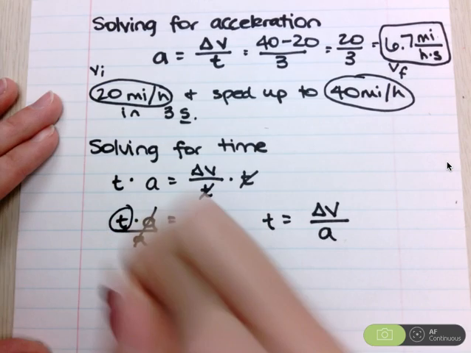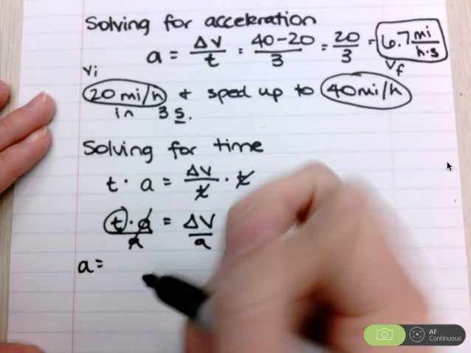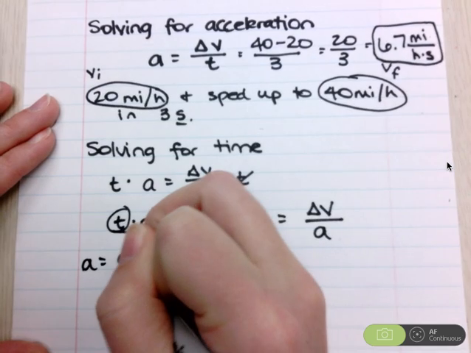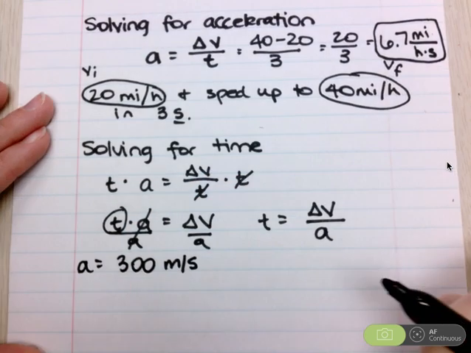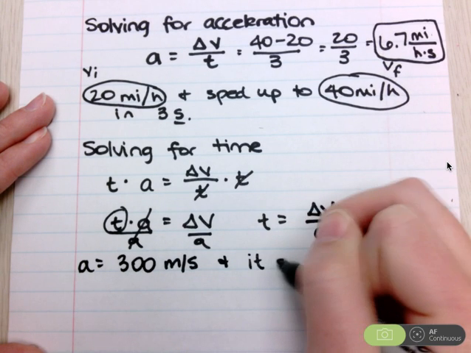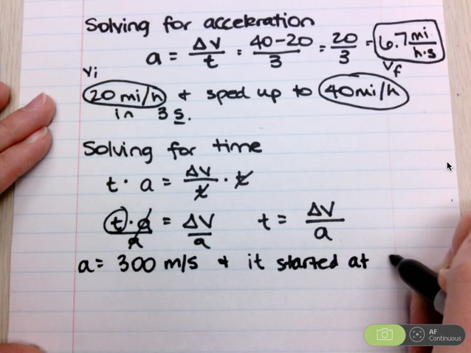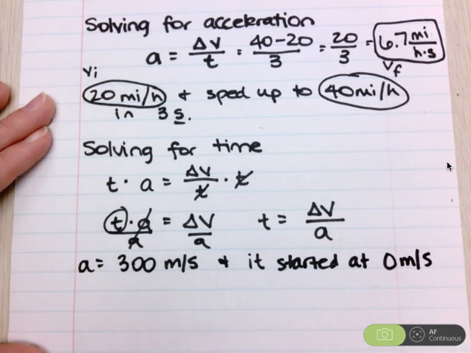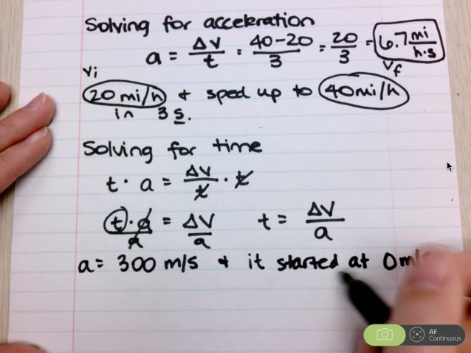So let's say an airplane was accelerating at 300 meters per second squared. And it started at 0. It started still. 0 meters per second velocity means it started at rest.